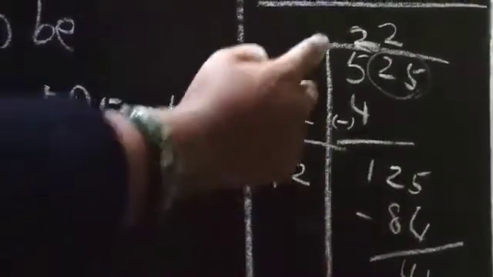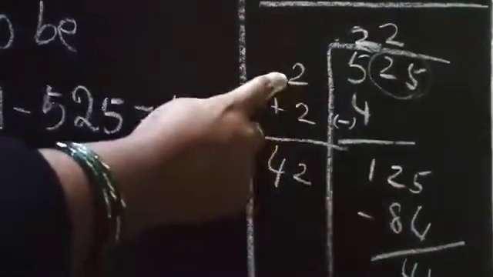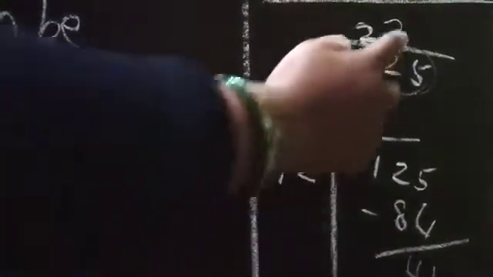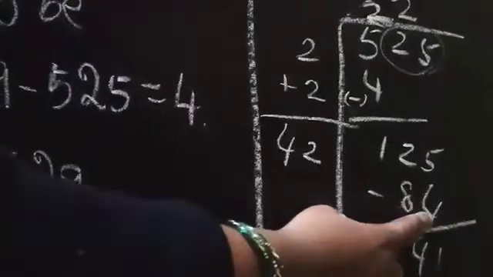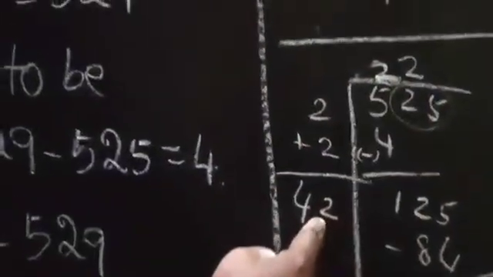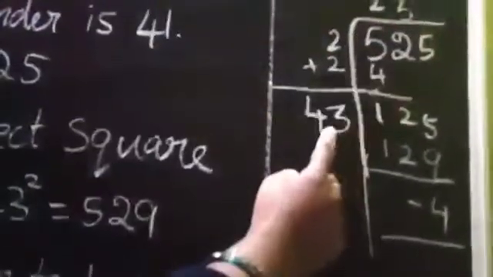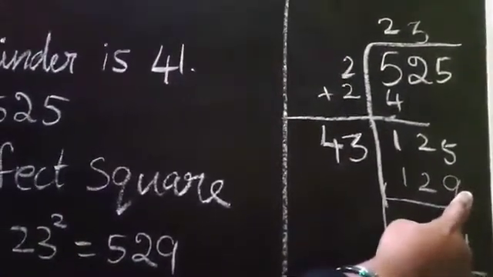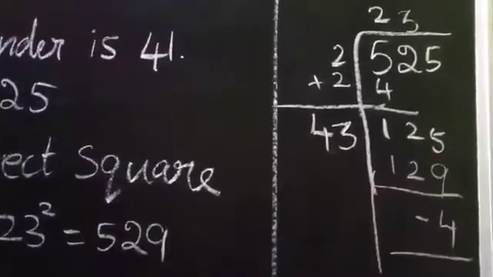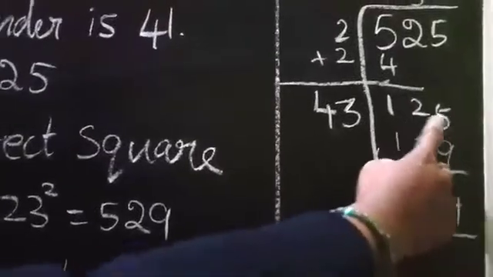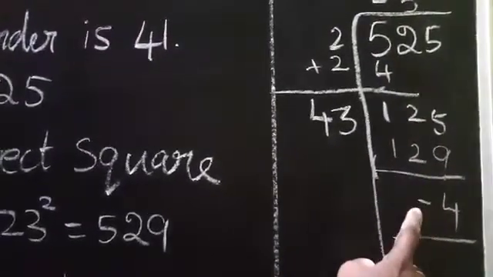This 2 we should add with this. 2 plus 2 is 4 and 2 times 42, 2 into 42, we get 84. Remaining 41 is there. Suppose 43, if you write it like this, 43 if you write like this we are getting 129. But more we have here 4. That 4, when we do subtraction, that is 125 minus 129, we are getting minus 4.